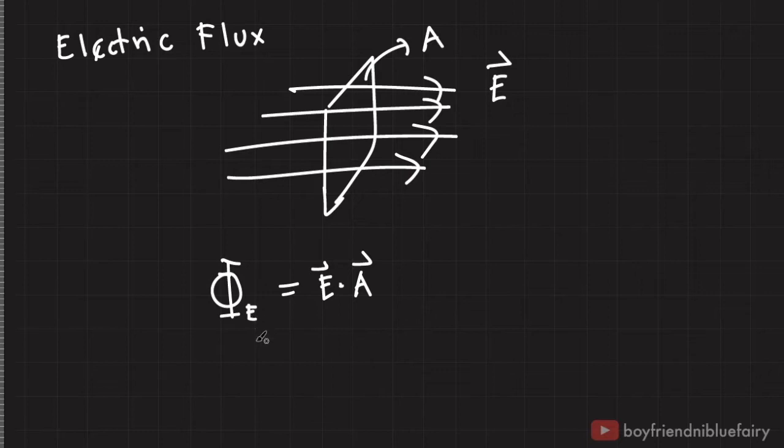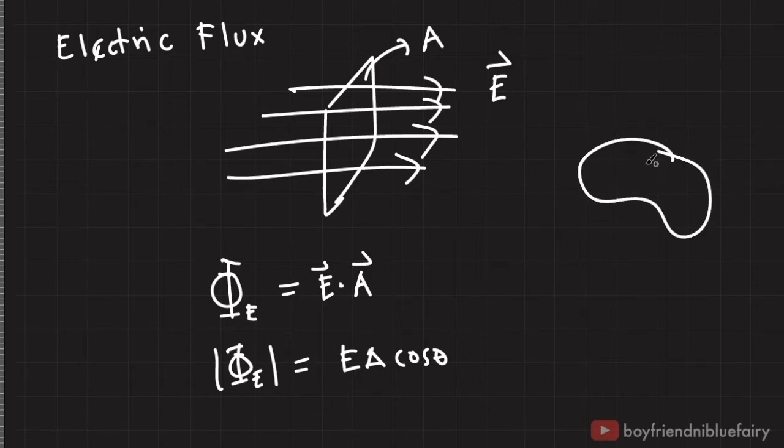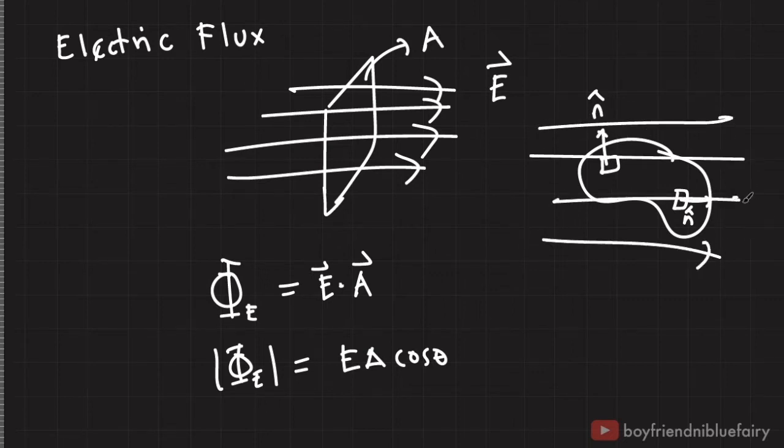So apparently the magnitude of electric flux is EA cosine theta, where the angle theta is the angle between the electric field and the area vector. So if we have an irregular area, so it has an area vector that points this way and this way. A uniform electric field passes through this surface.